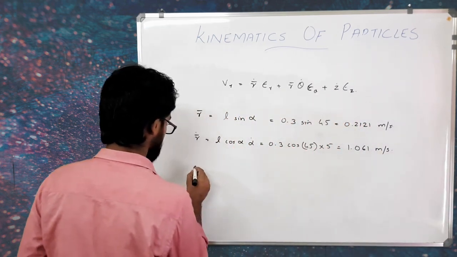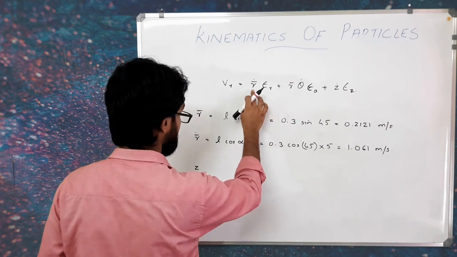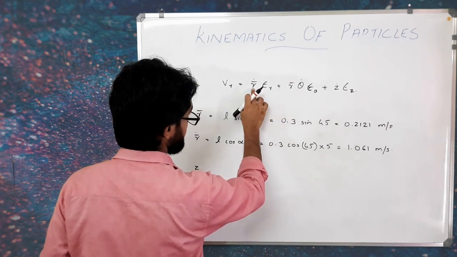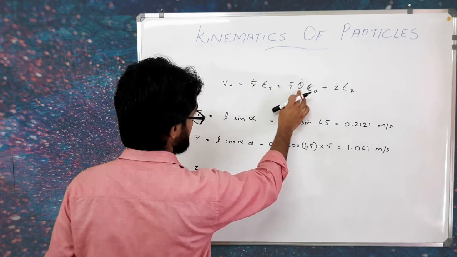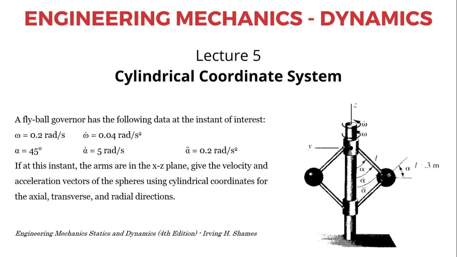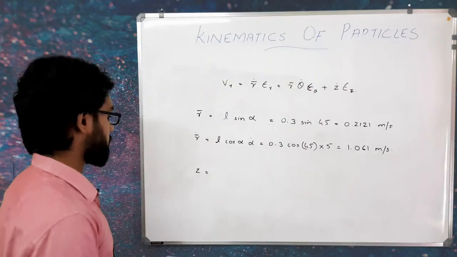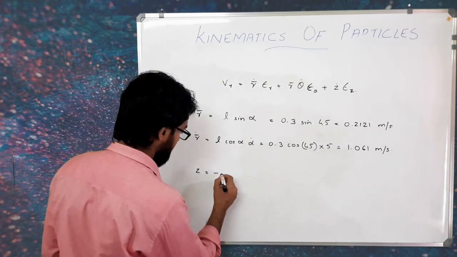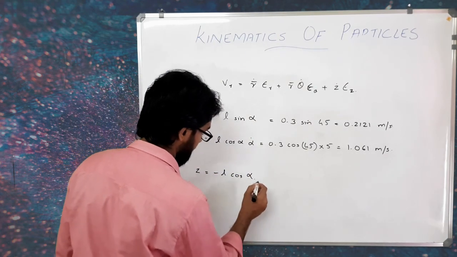Now, z dot. We already know the value of r dash dot, theta dot. If you look at the figure, the vertical position of the ball can be given as L cos alpha in the negative direction. So, as such, z equals minus L cos alpha.